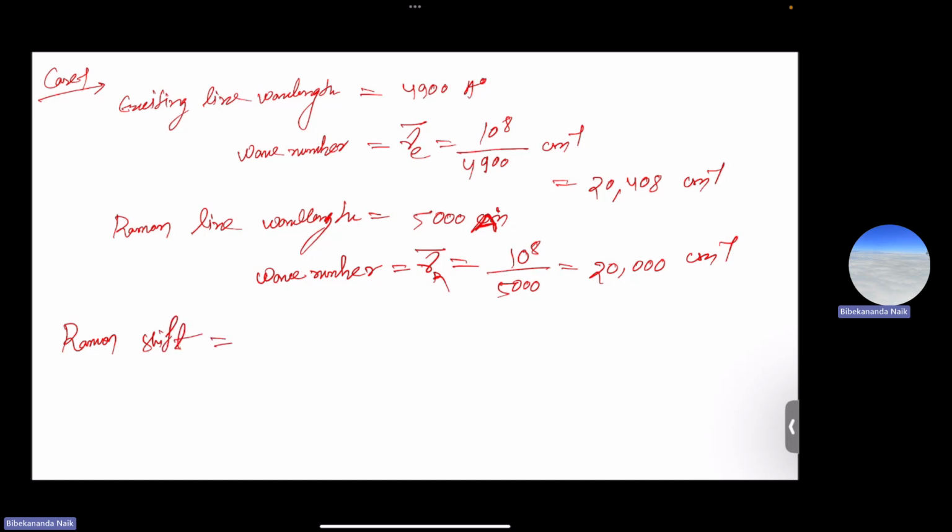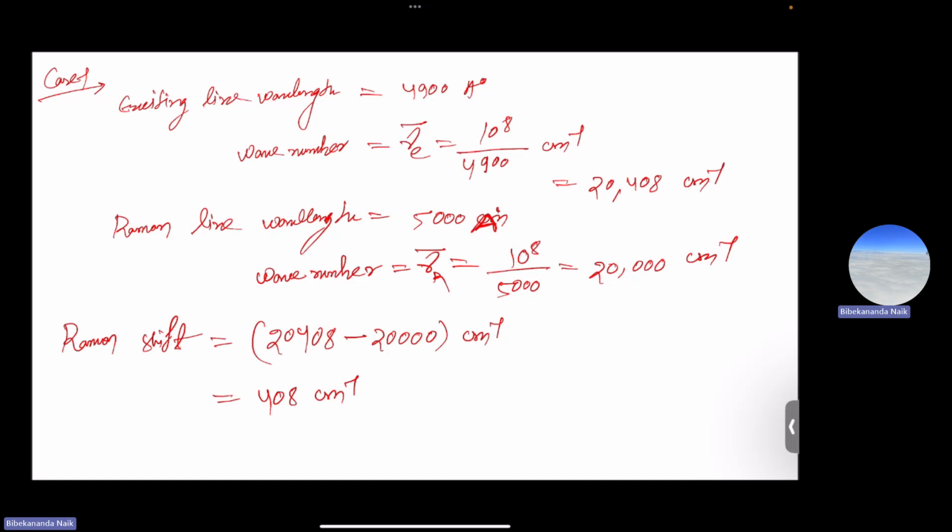So Raman shift, it will be 20408 minus 20000 centimeter inverse, which is 408 centimeter inverse.